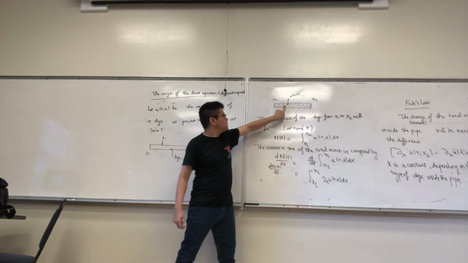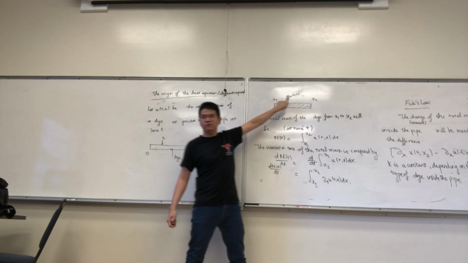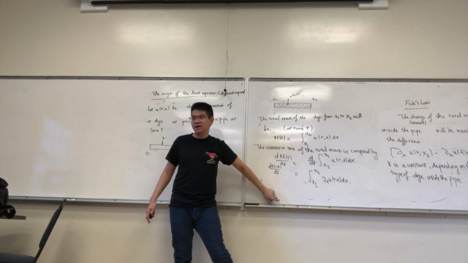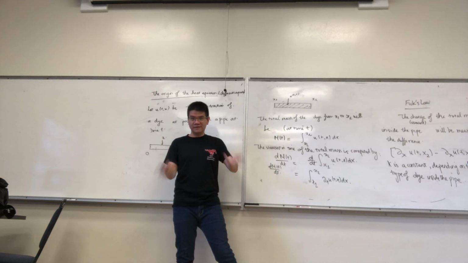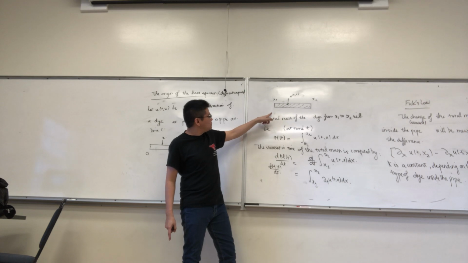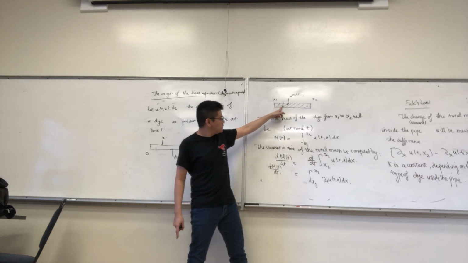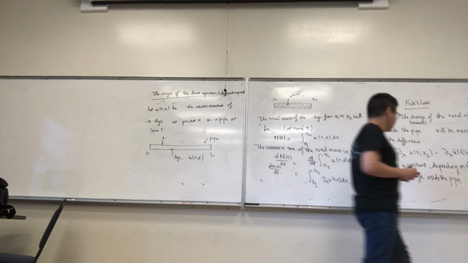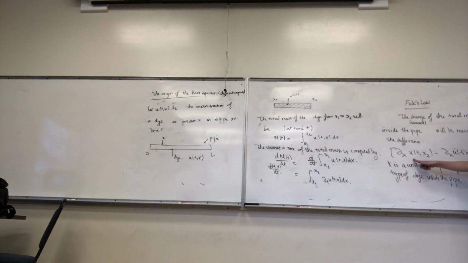And if you want to see the change of the mass inside this pipe, you have to take the derivative in time of this quantity, the total mass, right? But there's a law of physics which says that to see the change of the total mass of the dye inside this pipe, you consider the change of the density.